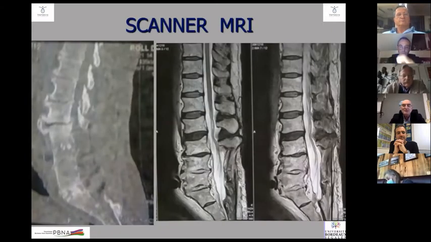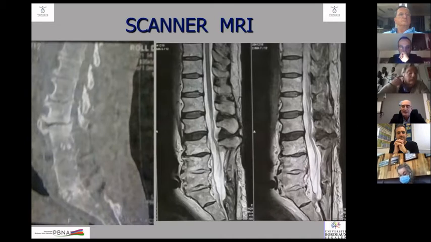Of course, we need to have a CT scan and MRI. You can see a patient like this one, where the last three levels are already totally fused, and you have a gap at the level above on the CT scan. For sure, if you want to restore better lordosis, you will have to do a PSO. So the indication is very important.